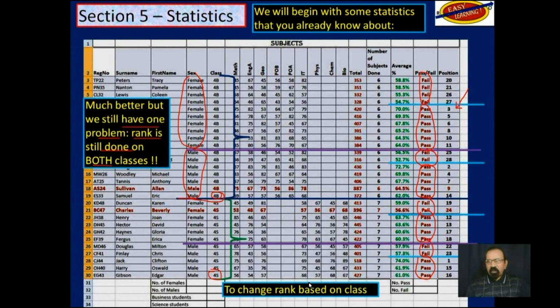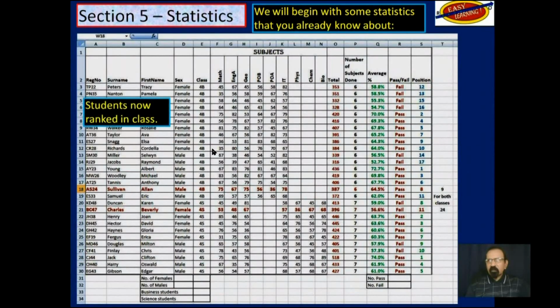So we will change this rank based on class, and now it looks like this. Students now ranked in class. That's the business students up here, science students down here.